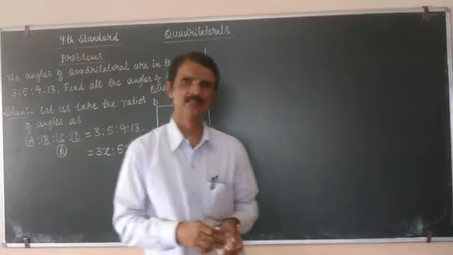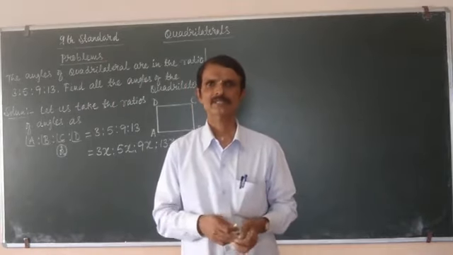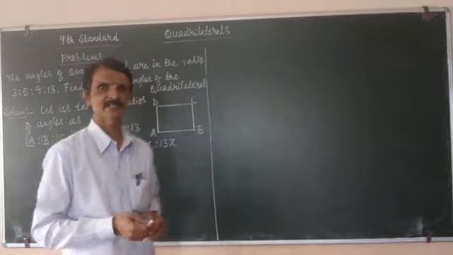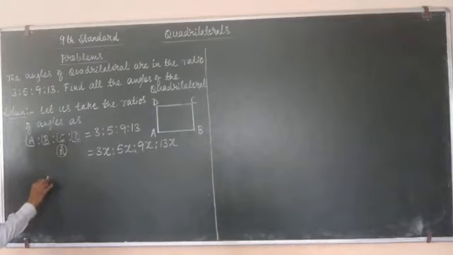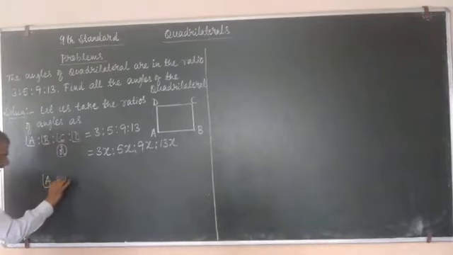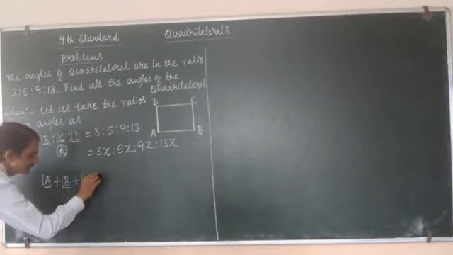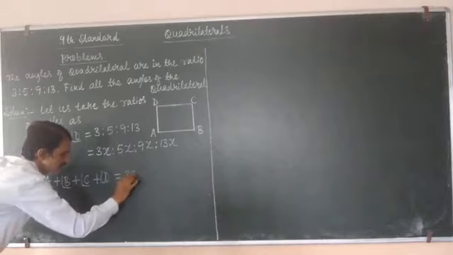What is the angle sum property? The sum of the interior angles of a quadrilateral is equal to 360 degree. So by using that property, angle A plus angle B plus angle C plus angle D is equal to 360 degree.